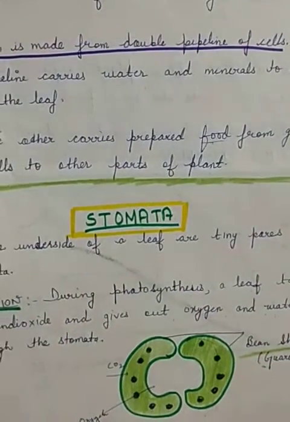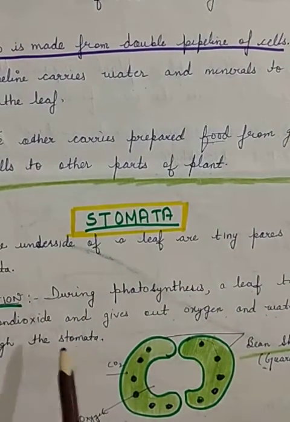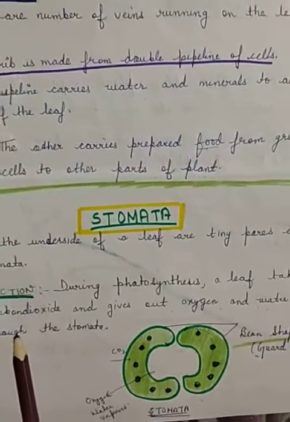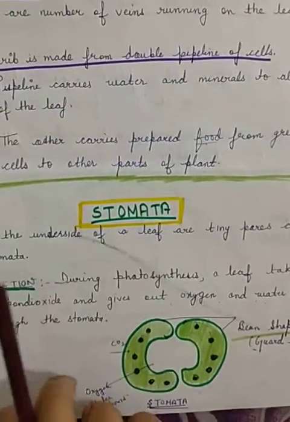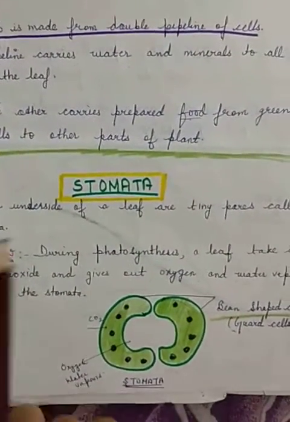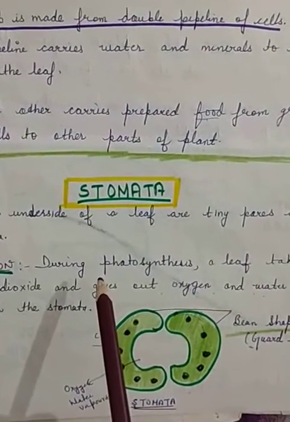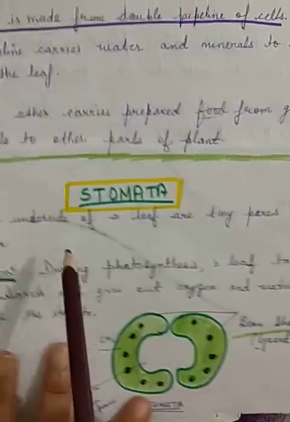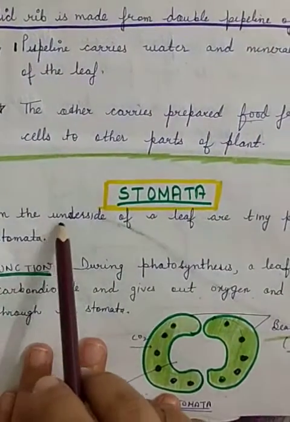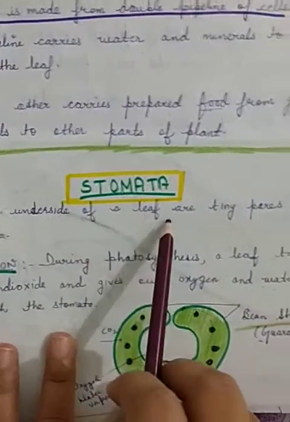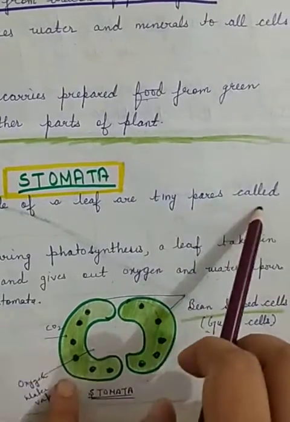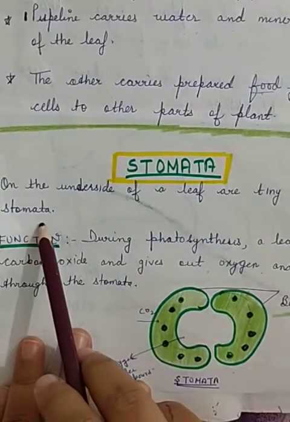Now in this, stomata play a very important role. What are stomata? On the underside of a leaf are tiny pores called stomata.